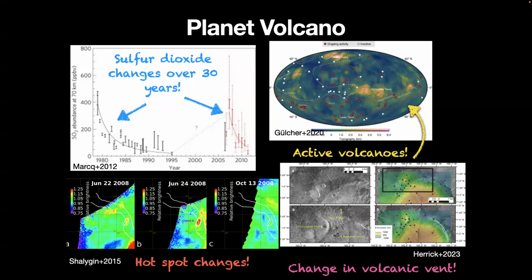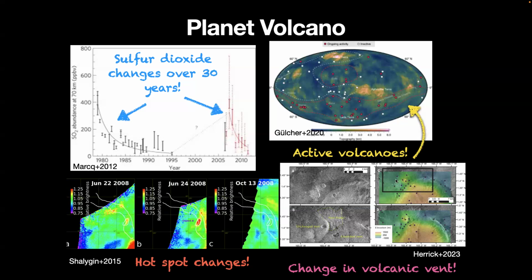But there have been little hints that mainly involve changes in the landscape of Venus that we've measured over time. Like some of these, there's a change in the sulfur dioxide over the past 30 years, which is an effect of an erupting volcano.